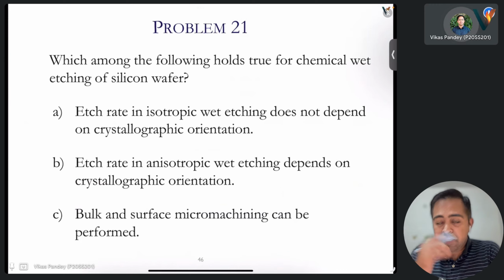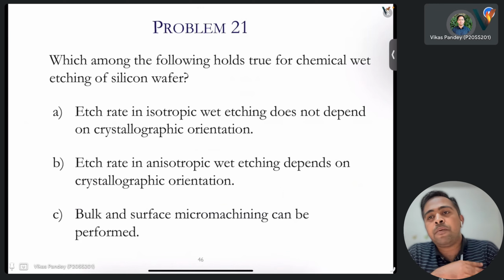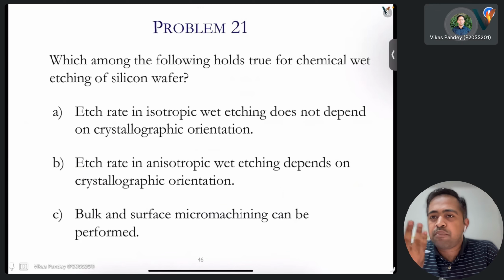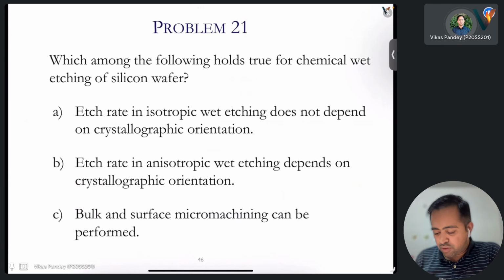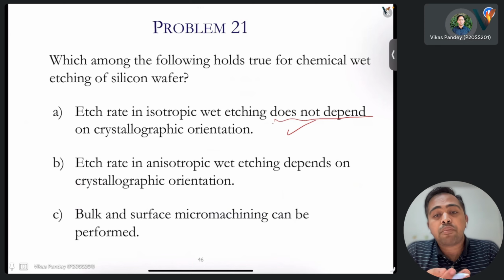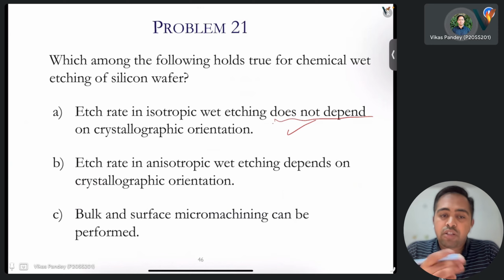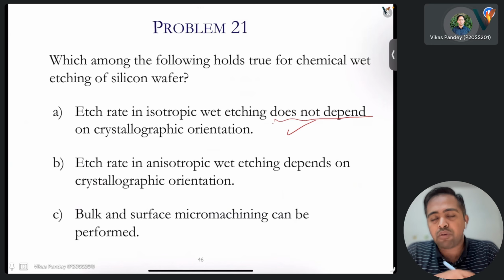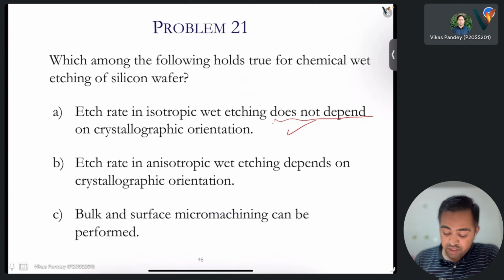Remember, isotropic means equal in all directions, so there is no crystallographic orientation dependence. So I think this is correct. Etch rate in anisotropic wet etching depends on crystallographic orientation. Yes, we saw that some planes are used as etch stop for anisotropic wet etching. So this is also true.